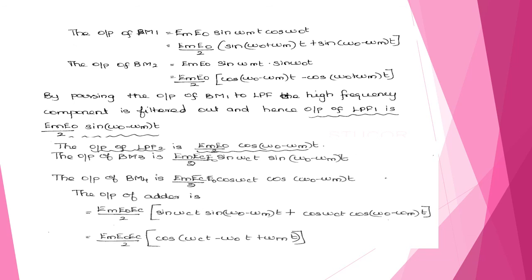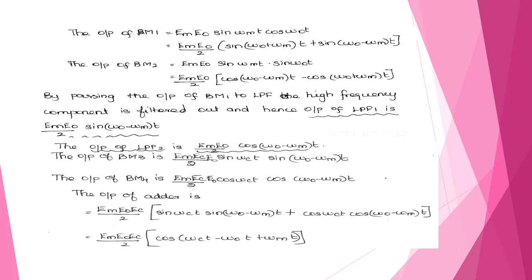So the total output of BM3 is Em Ec E0 by 2 sin omega c t sin (omega naught minus omega m) t. The output of BM4 is Em Ec E0 by 2 cos omega c t cos (omega naught minus omega m) t.